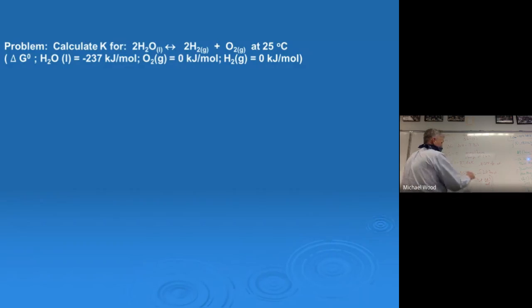These values have to be given, and I've given you those values right up here. Minus, and then we've got 2 moles of the H2O. The coefficients are 2, 2, 1. So 2 moles of H2O, and the value for H2O is negative 237. If I go through the math here, what I get, I think, is 474.